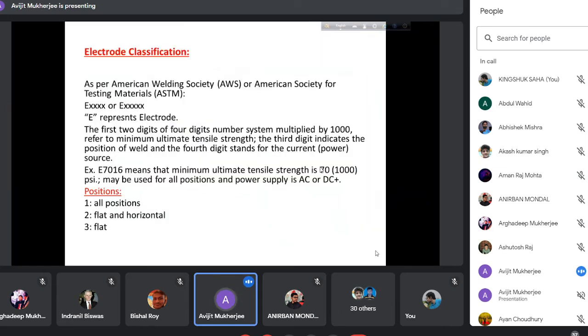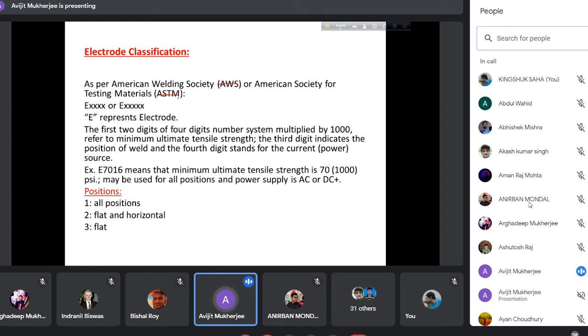Now, electrode classification. There are several standards to classify, but we follow American Welding Society. These are very common. American Welding Society or American Society for Testing Material. You should know this abbreviation, that is AWS, American Welding Society, or American Society for Testing Material, ASTM.